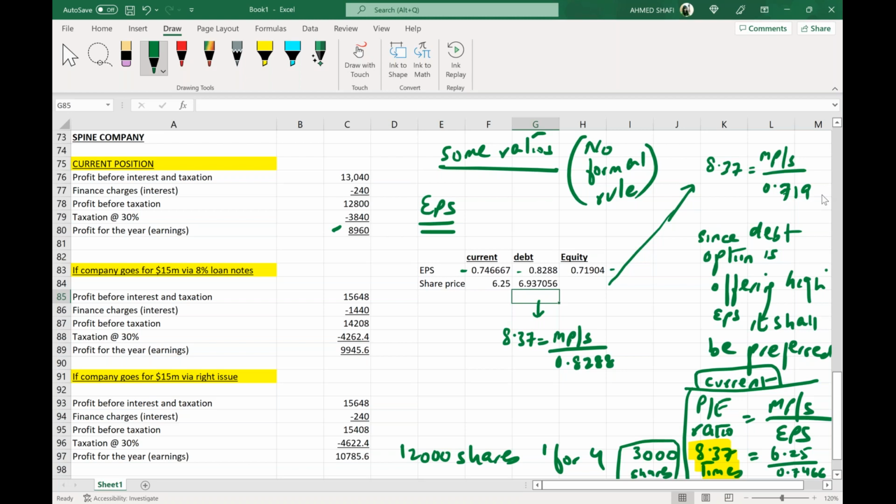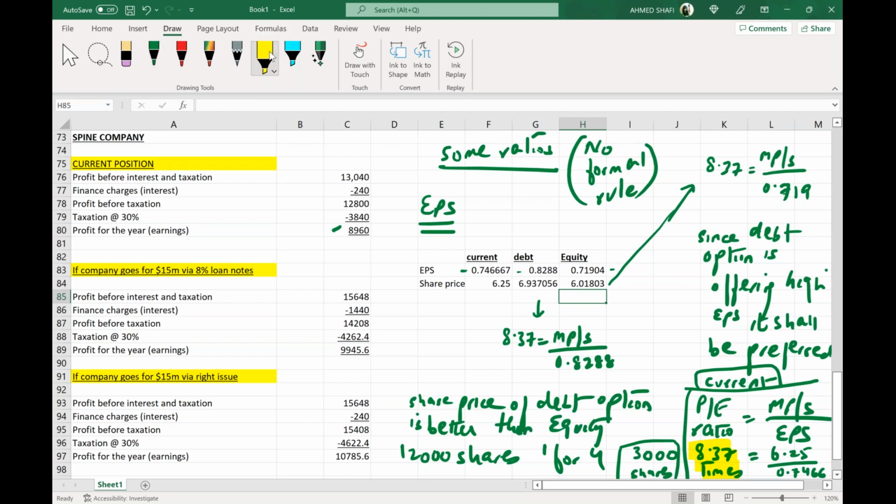So I get the market price per share by multiplying 8.37 by 0.719, 6.01. So again you can write that the share price of the debt option is better than equity. So again, this point also favors that we should go for debt.